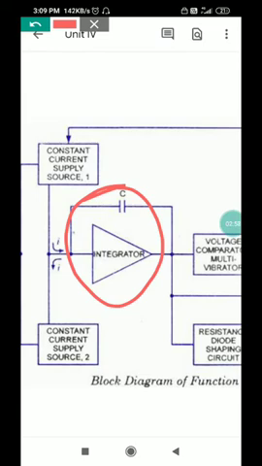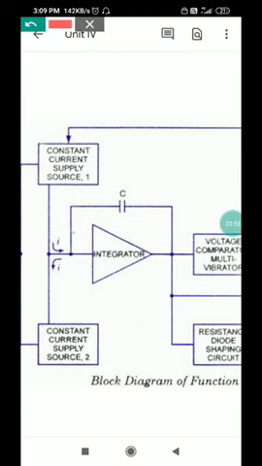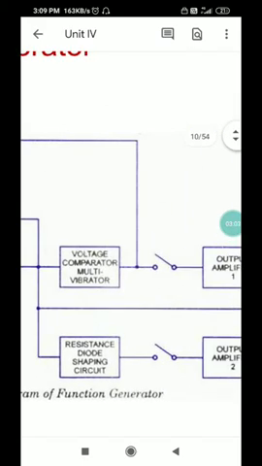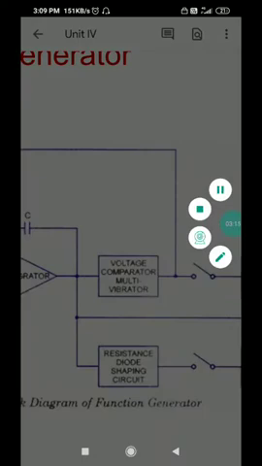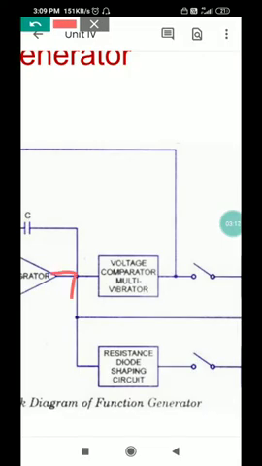Output of this integrator is given to the next block, that is voltage comparator, that is typically a multivibrator. Then the same output is also connected to this one, that is resistance diode shaping circuit, and the other branch goes out as it is.